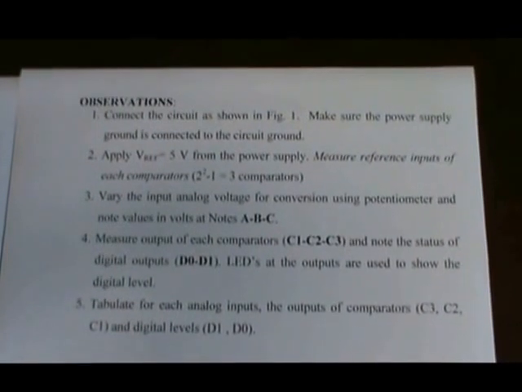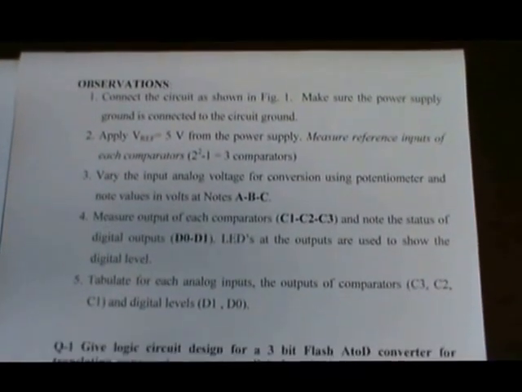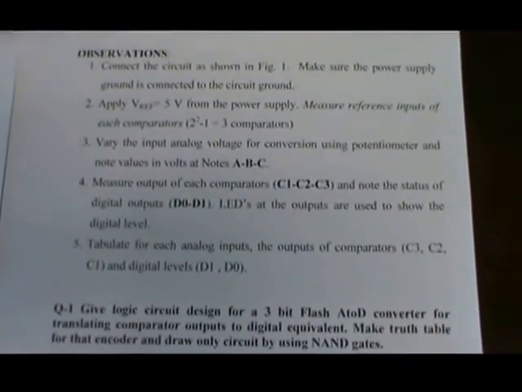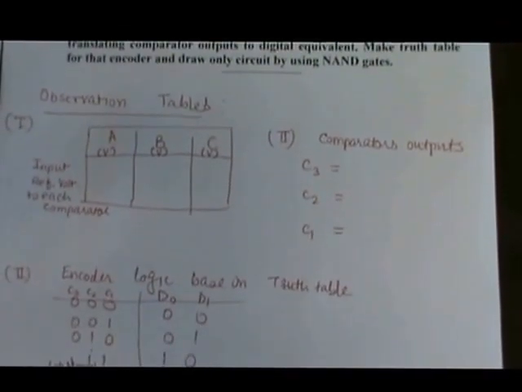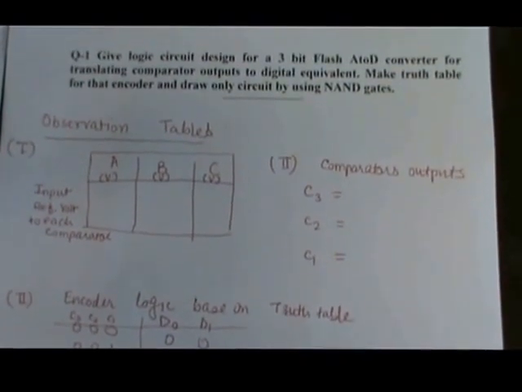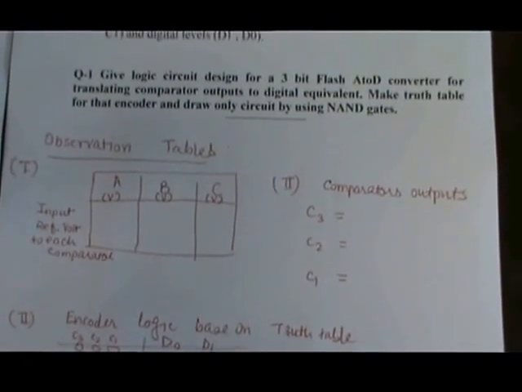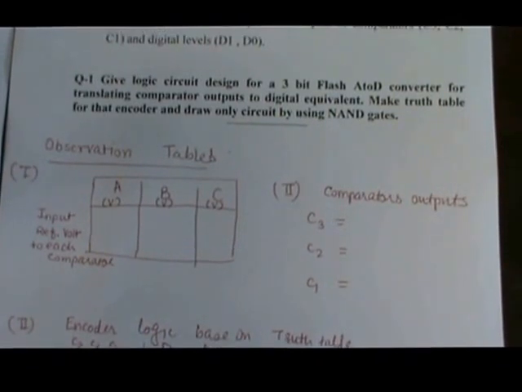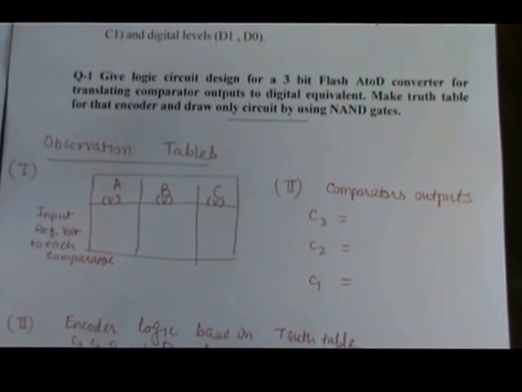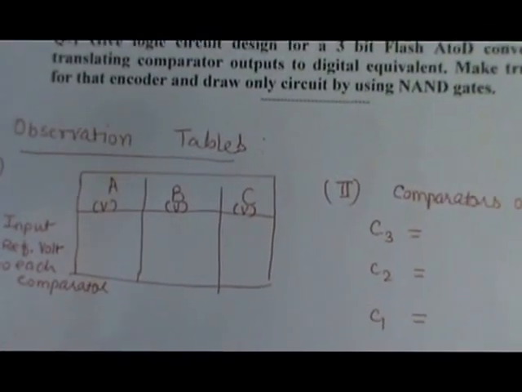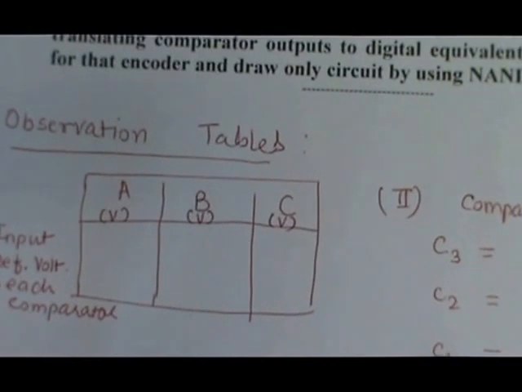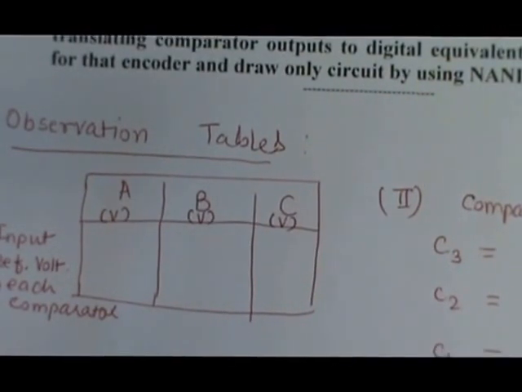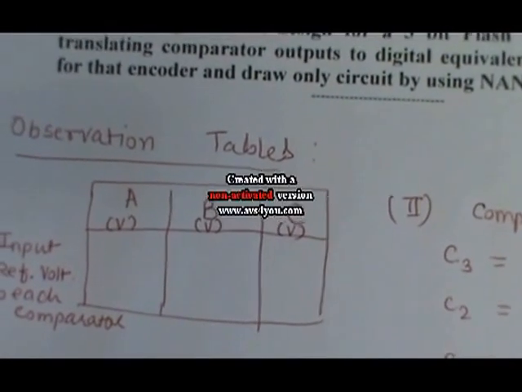Read the manuals and follow the steps. Make the observation tables, one for the input reference voltages to each comparator A, B and C. The A, B, C symbol node voltages are also given in the figures.